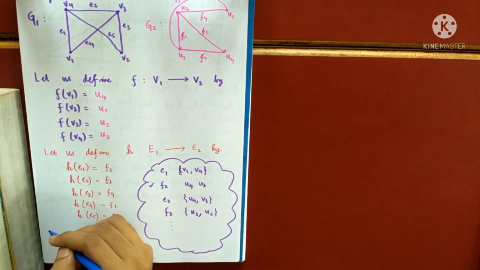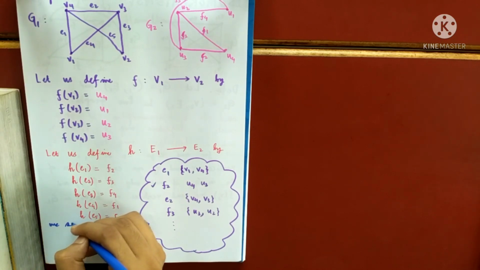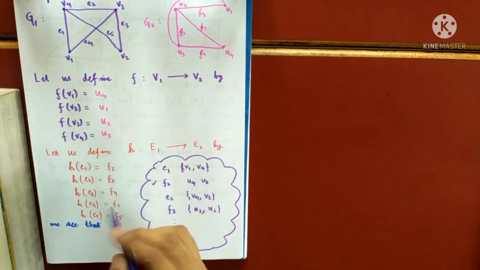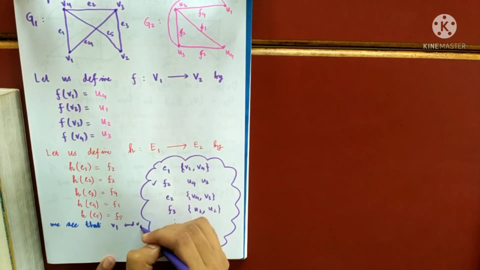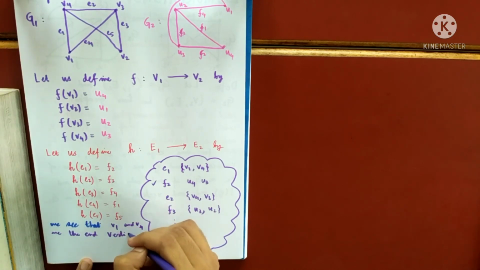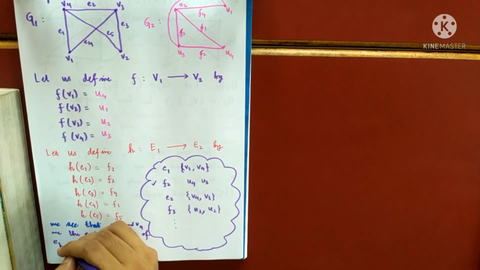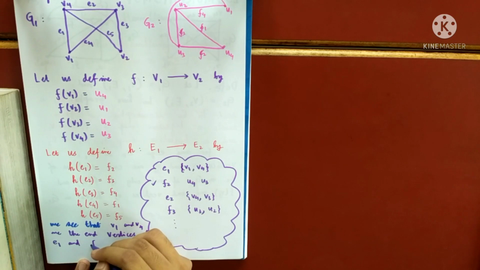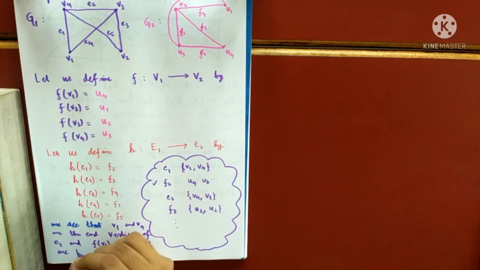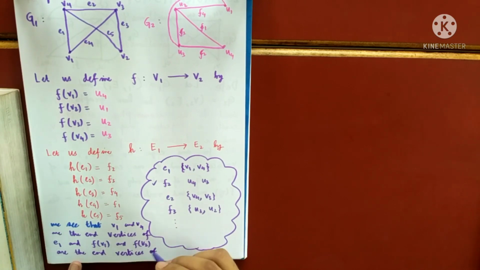So we see that V1 and V4 are the end vertices of E1 and f of V1 and f of V4 are the end vertices of h of E1, and so on.